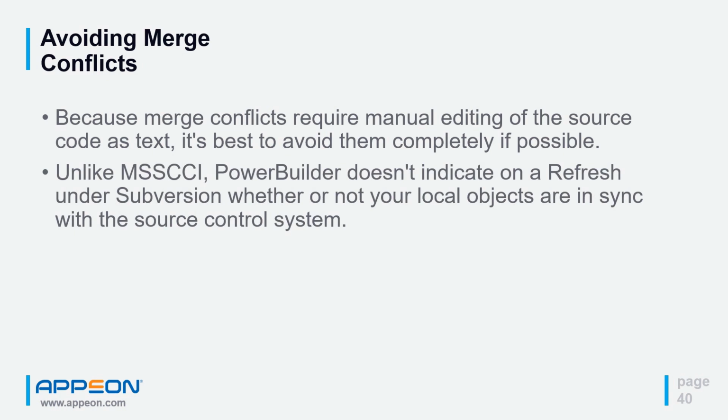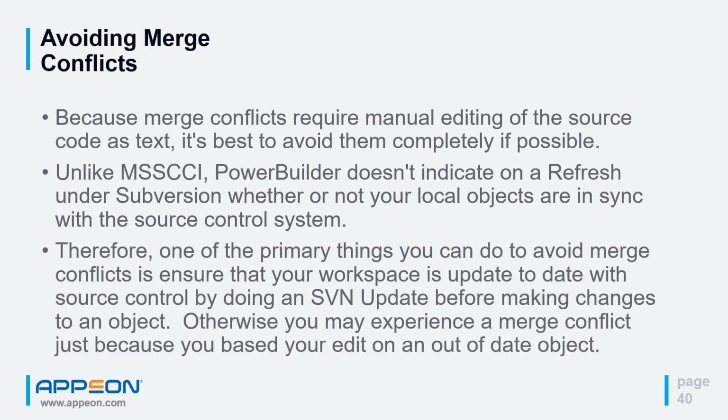If you haven't done a refresh in a while and some other developers checked in a change, you're going to end up with a source code merge conflict simply because you didn't refresh before you started editing. So that's the first thing I'd recommend: do a refresh on an object before you start editing it.